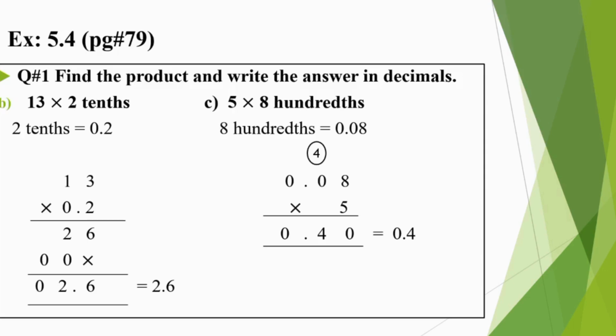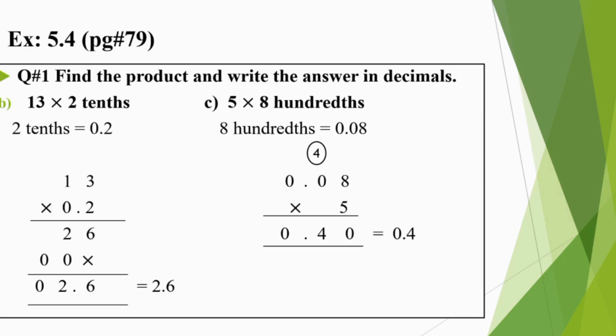13 multiplied by 0.2. We do it the same as we have done in whole number multiplication. So at the last, when we add the answer, which is also known as the product, 6, 2 plus 0 is equal to 2, and 0 as it is.